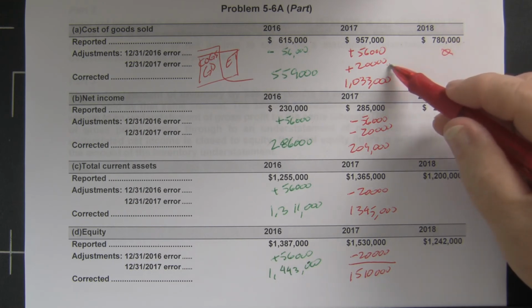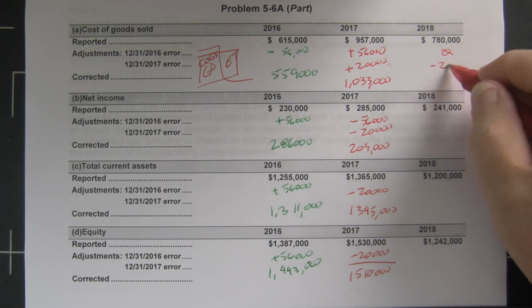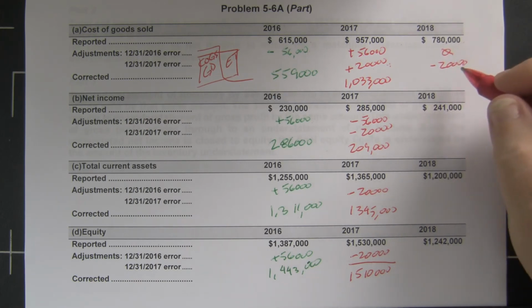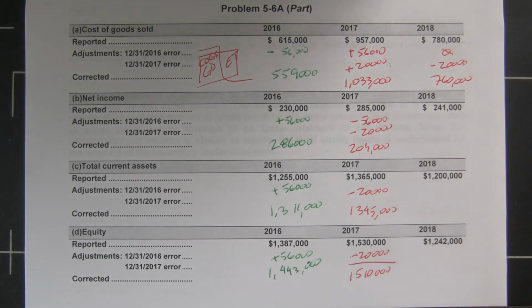We overstated it here, so we have to remove it here. So our cost of goods sold for 18, barring any new errors, is $760,000.